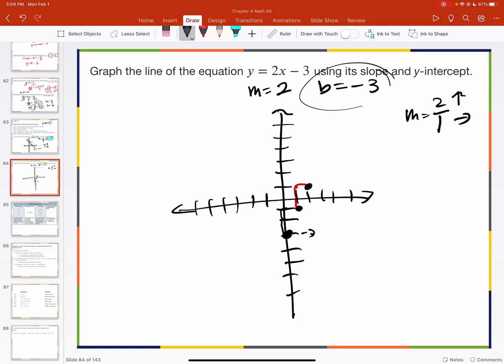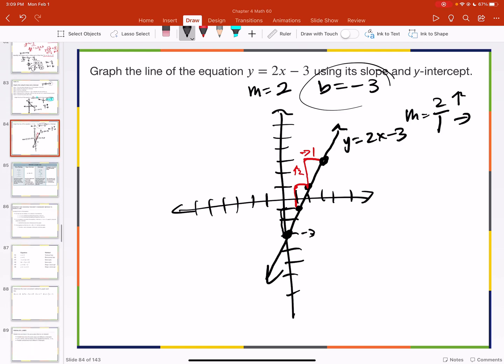That's kind of how we're doing it. We can keep going, up 2 and to the right 1. That would be our next one. And then we just draw a line through those, connecting those dots. Okay, and that's y equals 2x minus 3.